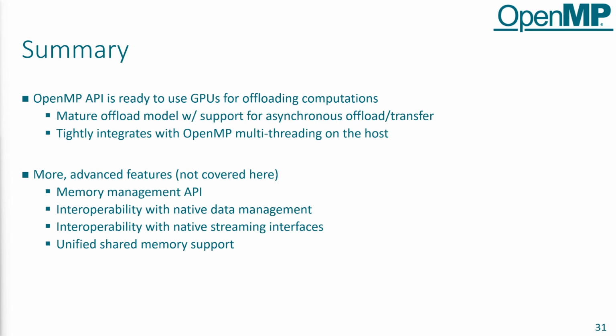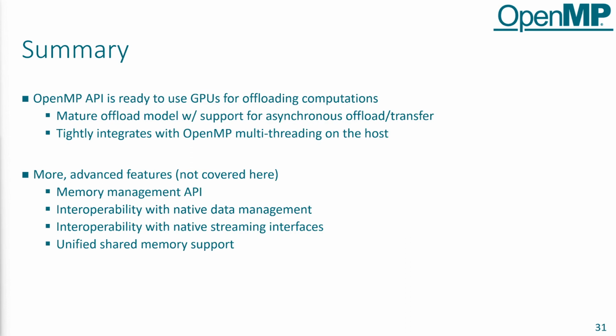And there are a ton more features, and I would really recommend attending one of the OpenMP tutorials, either at SC or ISC. There are more advanced features. We have a full-fledged memory management API. So if you are unhappy about how the directives work, we have APIs where you can do memory allocation on the GPU, where you can transfer memory via memcpy operations, rectangular memcpys, and whatnot.